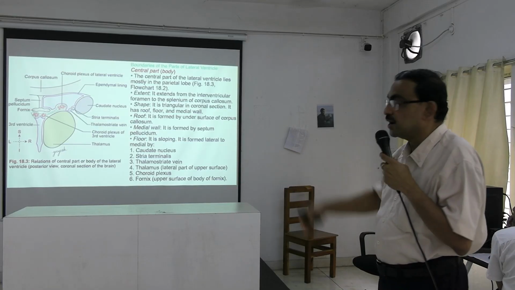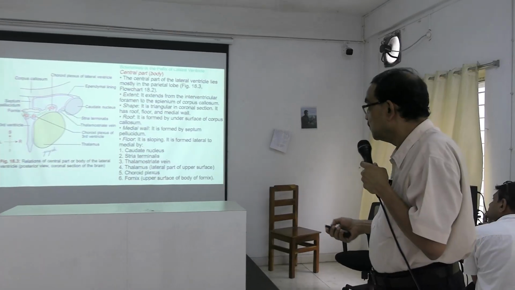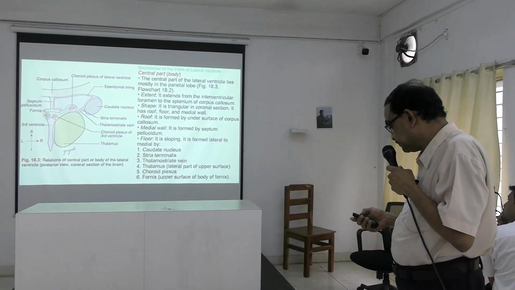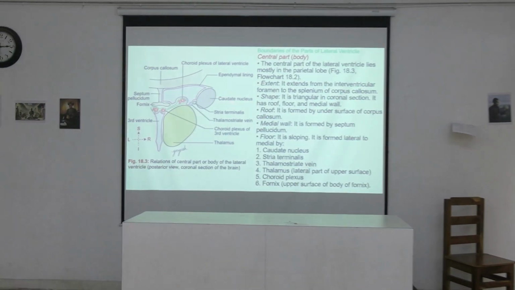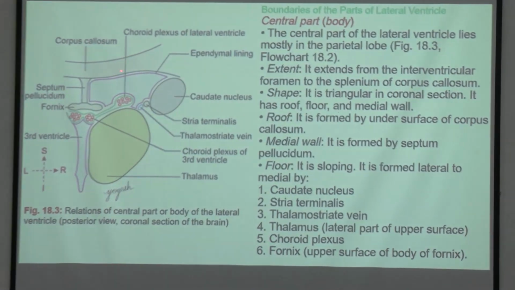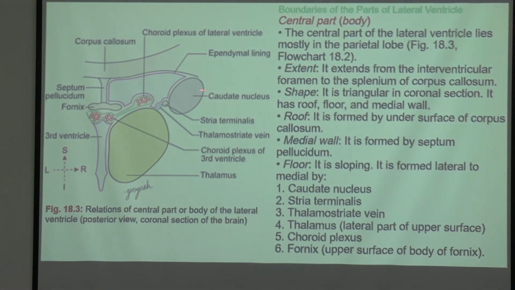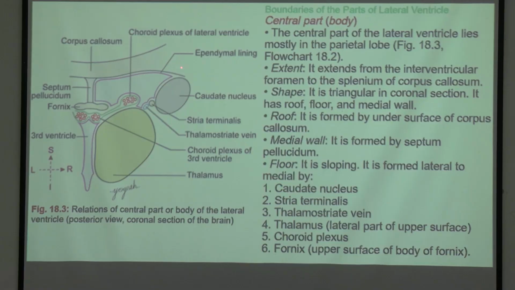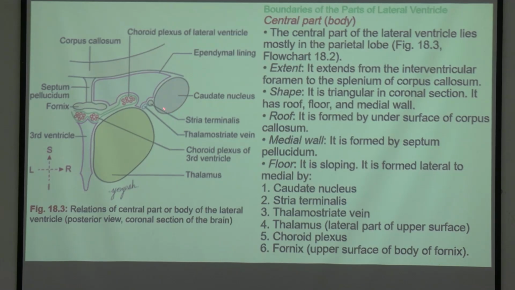Now if we do a cross section of the central part, what can we find? It has a roof and a floor. In the roof we can find the corpus callosum. In the floor we can find two nuclei: the thalamus medially and the caudate nucleus laterally.